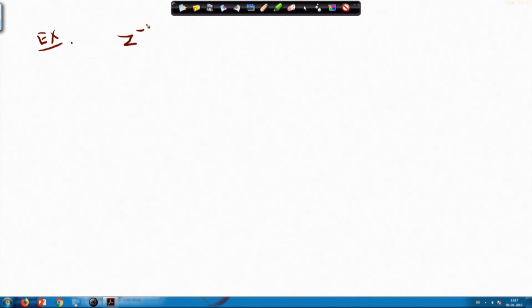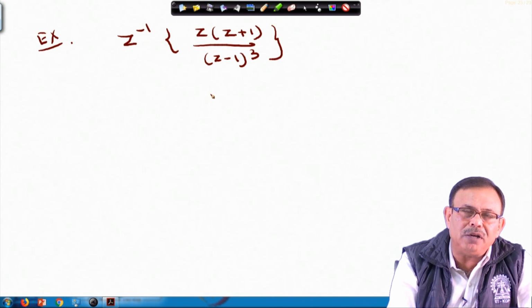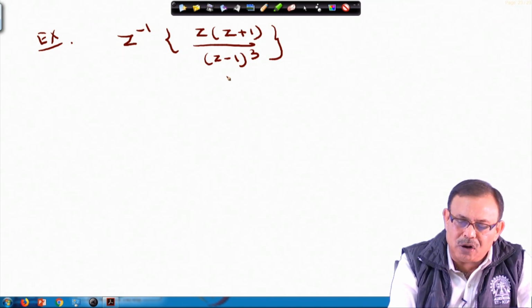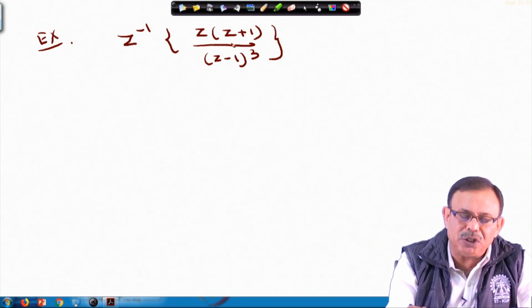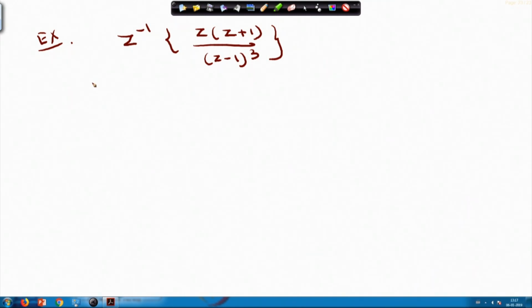Let us take some other example, that is the inverse z transform of this function, z into (z plus 1) by (z minus 1) whole cube. We have obtained the z transform. Now, we want to derive the inverse z transform of a function also, so that you can do it on your own. You take this function z into (z plus 1) divided by (z minus 1) whole cube.